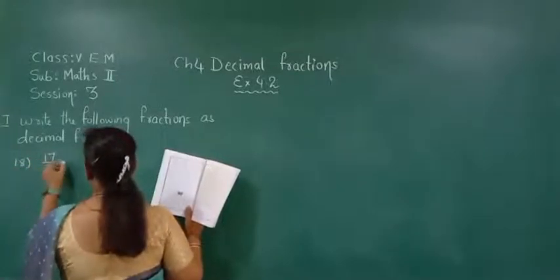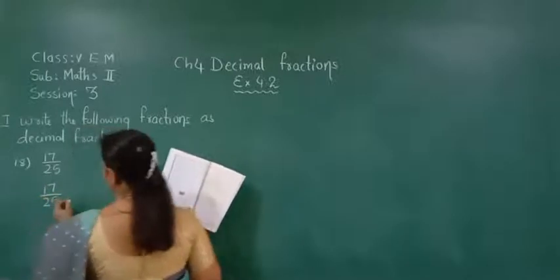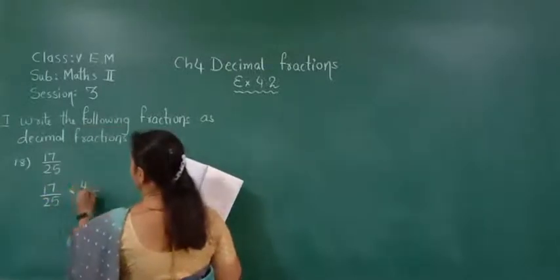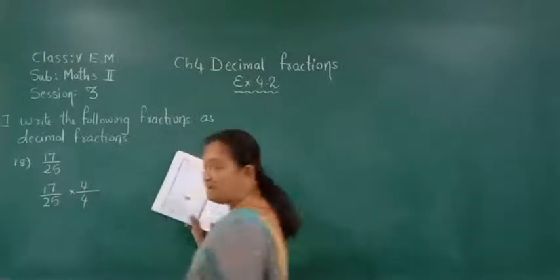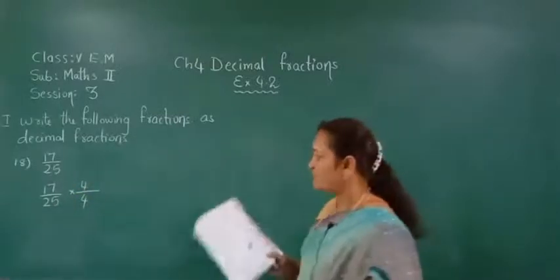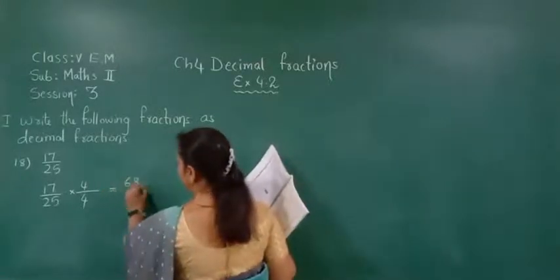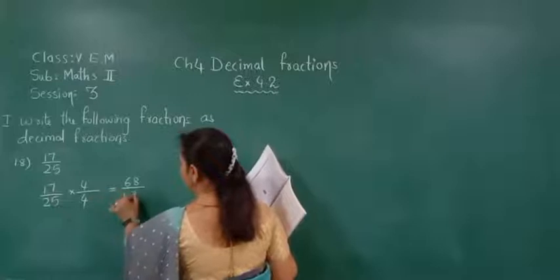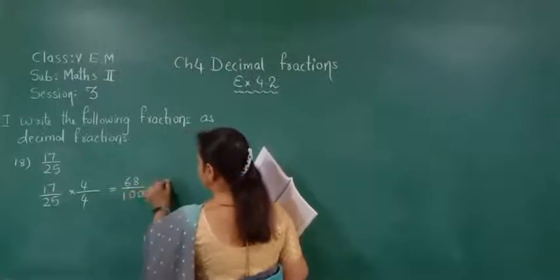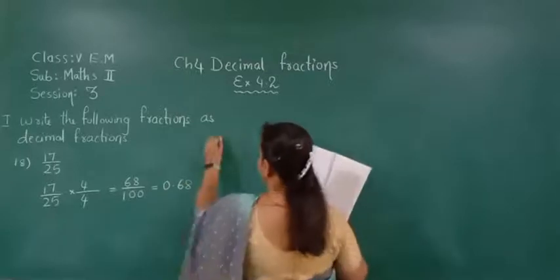So in 25 table where do we find 100? 25 4s are 100. So both numerator and denominator multiply by 4. Now 17 4s are 68 divided by 25 4s are 100. Then this is equal to 0.68. Then 19th question.